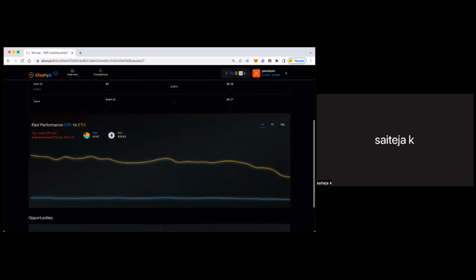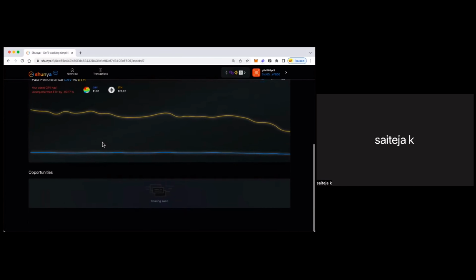Then you can compare the performance of this asset with other blue chip assets like Ethereum and see if your investment in this asset was a good decision or not. If I had invested in Ethereum, it would have been a good decision, but I was invested in CRV, so I'm underperforming by 93%.